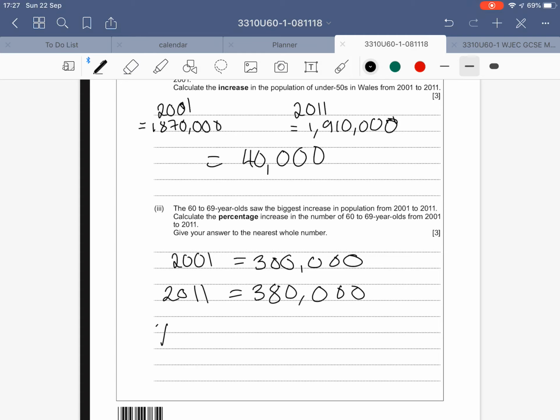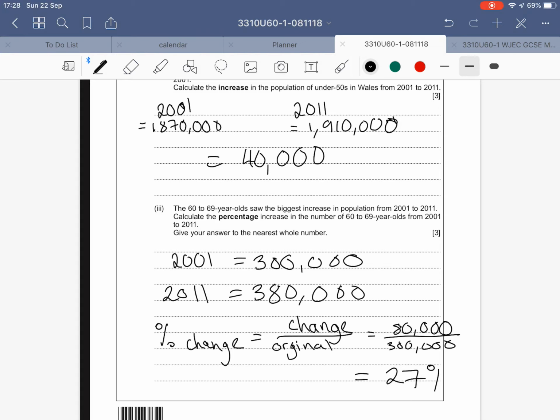So to work out your percentage change, or in this case percentage increase, we do your change, the difference between your numbers, which is obviously 80, over the original. So obviously the 2001 figure, which is 300. Put that on your calculator, do 80,000 over 300,000, or 80 over 300, sorry, which is 27%.